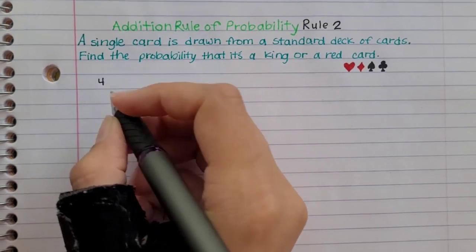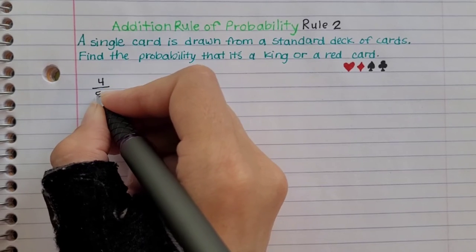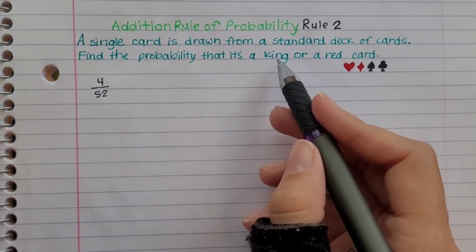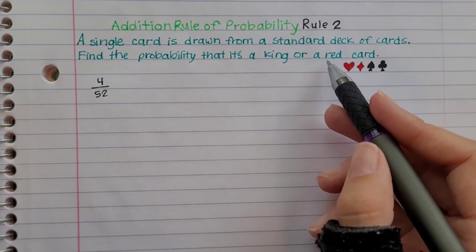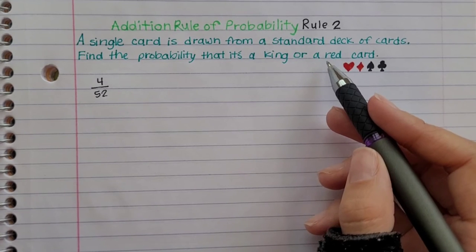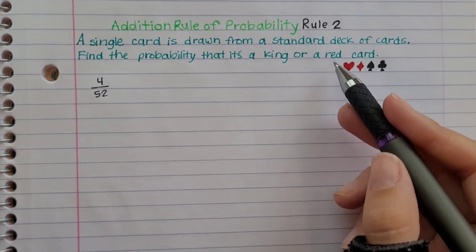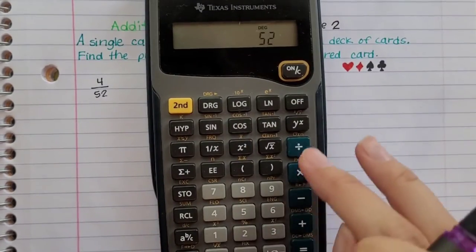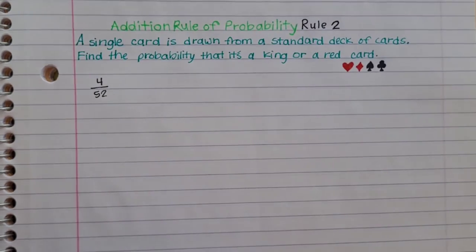And how many cards are in a deck? Well, 52. So the probability of simply drawing a king is 4 out of 52. We're going to add that to the probability of drawing a red card. Well, we know half of our cards are red, and 52 divided by 2 is 26.